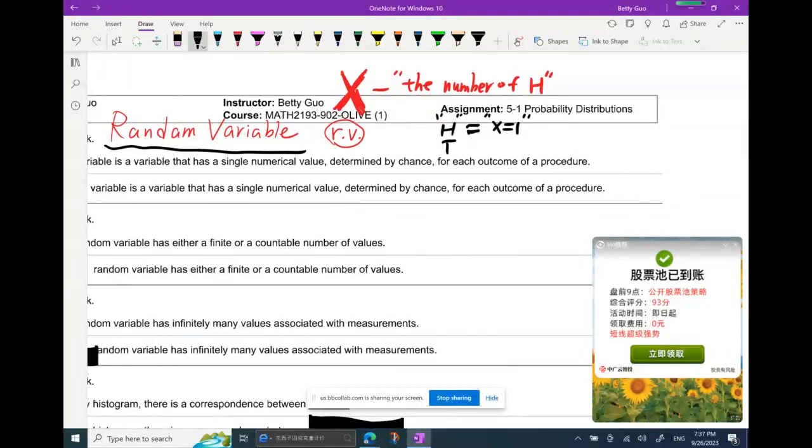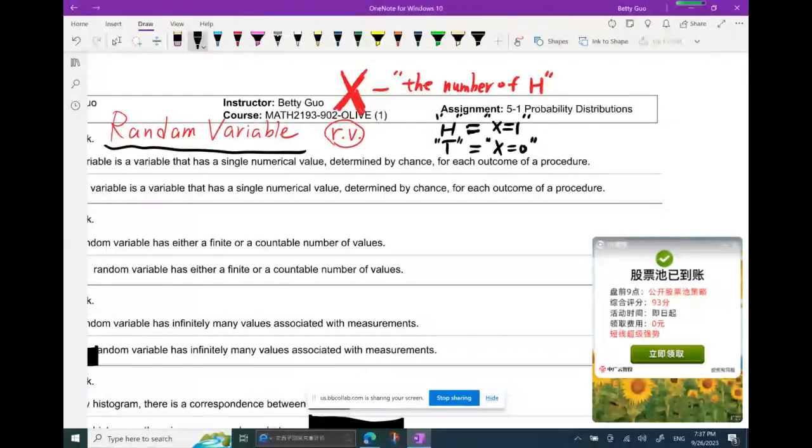If we toss a coin and the result is a tail, that means the number of heads is 0, right? So the outcome getting a tail can be represented by x equals 0. So this is how we numeralize the outcomes of a procedure.